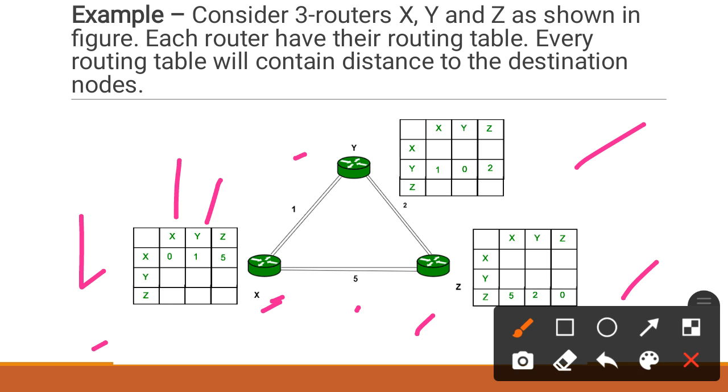Likewise Y maintains its table: Y to Y is 0, Y to X is 1, Y to Z is 2. Again the same for Z: Z to Z is 0, Z to Y is 2, Z to X is 5.